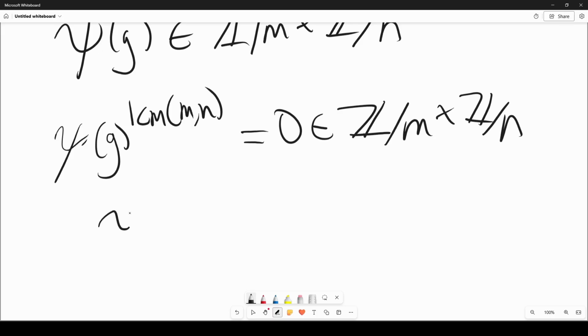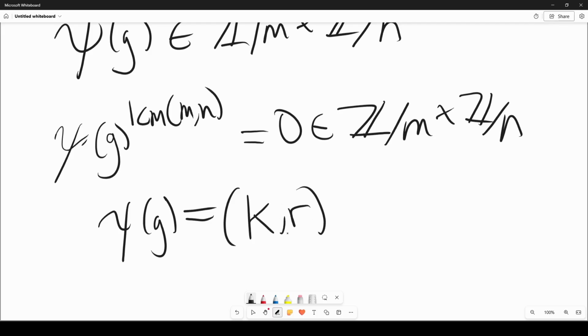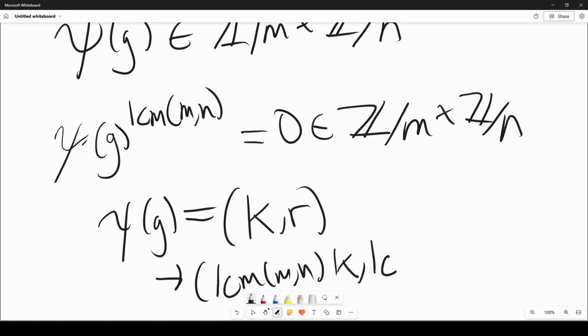Let's say psi of g looks something like (k, r), where k and r are some integers. Then if you're doing it to the power of LCM(m, n), you're going to get something that looks like (LCM(m, n) times k, LCM(m, n) times r).